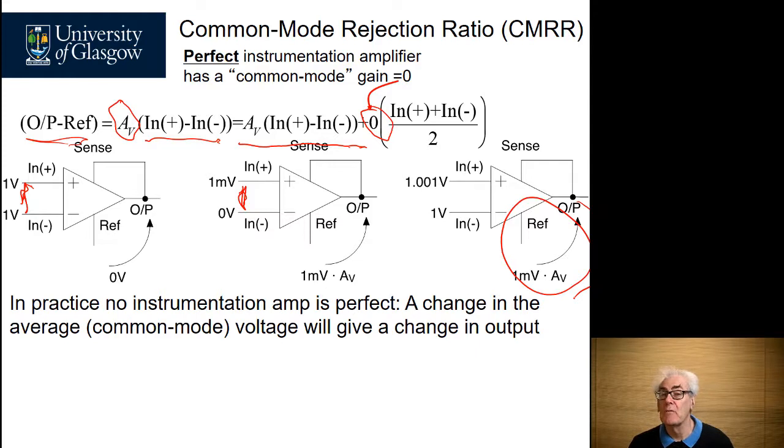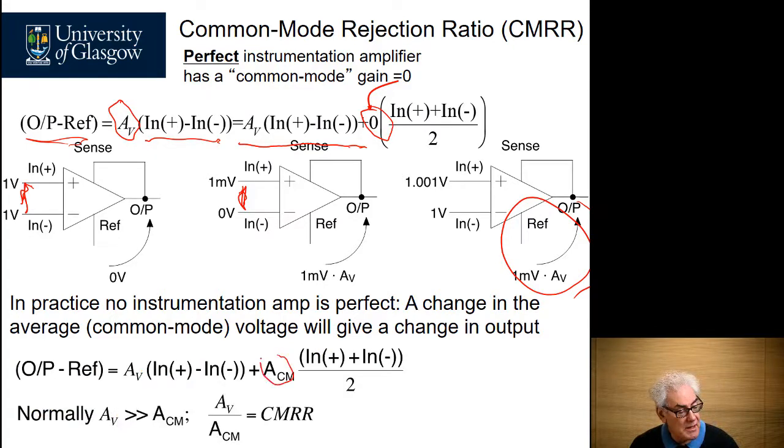Unfortunately, because we're dealing with real components and real amplifiers, we can never get a perfect instrumentation amplifier. And a change in the common mode or average voltage at the input will always give rise to a change at the output. Our challenge is to design that change to be as small as possible while maintaining the differential output as large as possible.